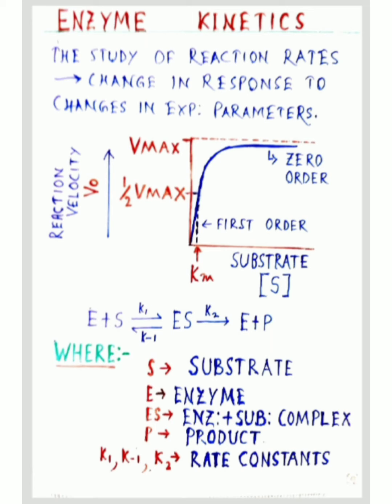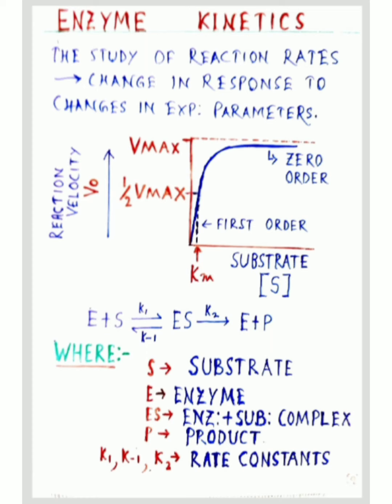In the middle part of the picture, you will see E plus S, that is enzyme plus substrate. K1 is the rate constant which helps in the forward direction to form the enzyme substrate complex, and ultimately K2, another rate constant, forms enzyme plus product.